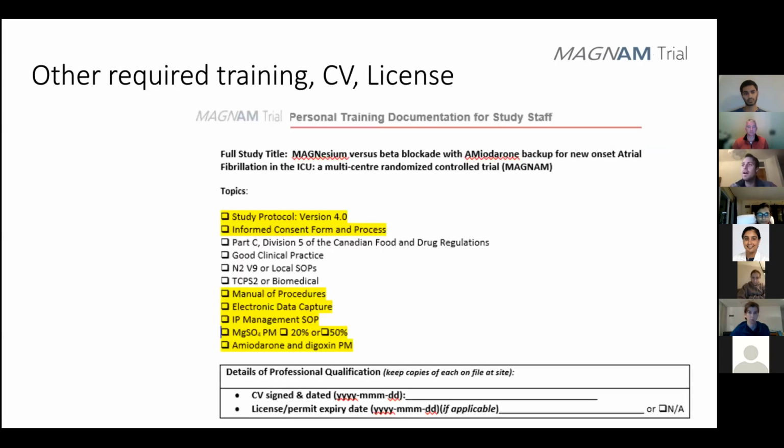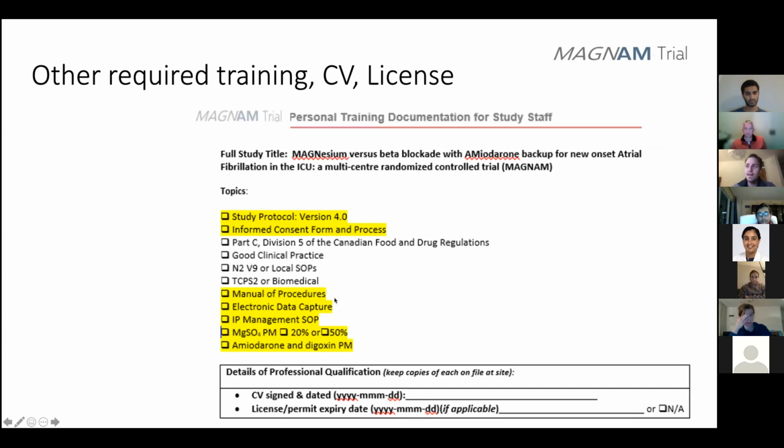There is some additional training that Annie wanted me to point out that's not as immediate, so to speak. We're going over some of the study protocol version 4 at the moment. That's part of today's talk. There's going to be a standardized informed consent document that will be posted on our share file that we'll all have access to. And then we'll talk a little bit about that today.